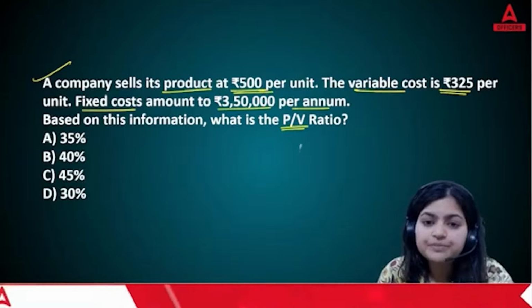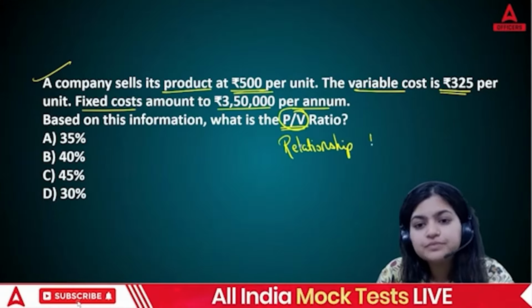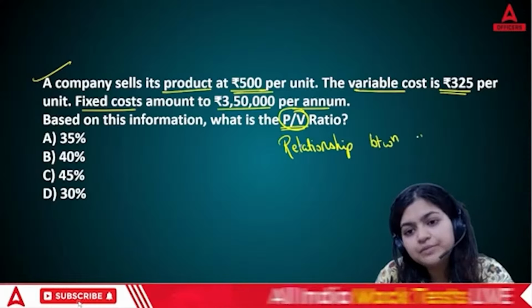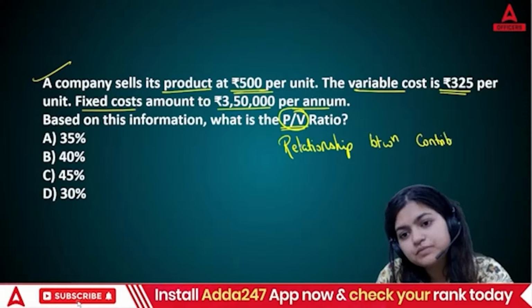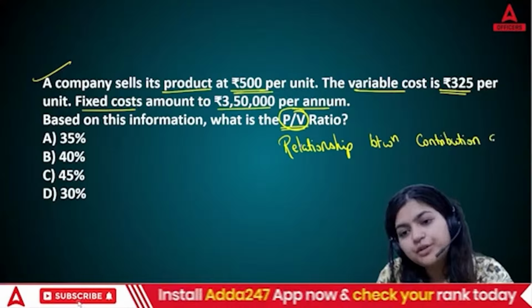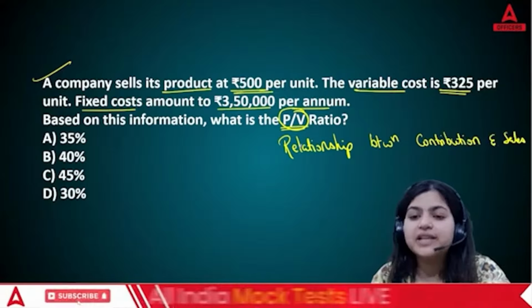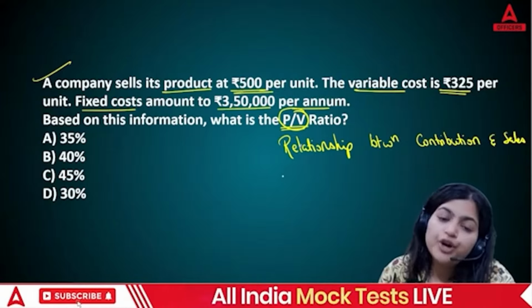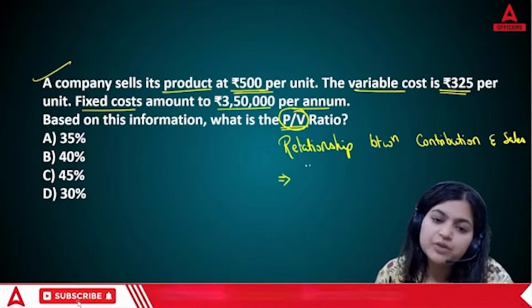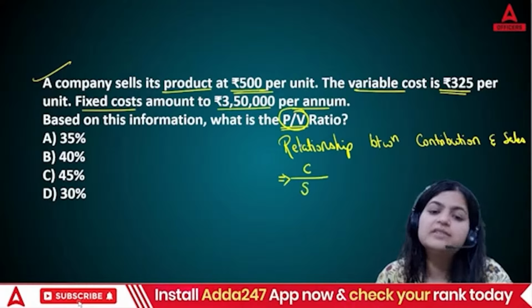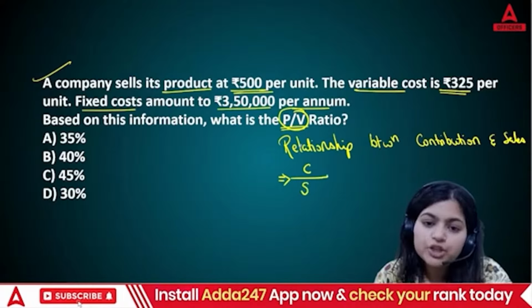between contribution and sales. So the formula of PV ratio is equal to contribution divided by sales into 100.